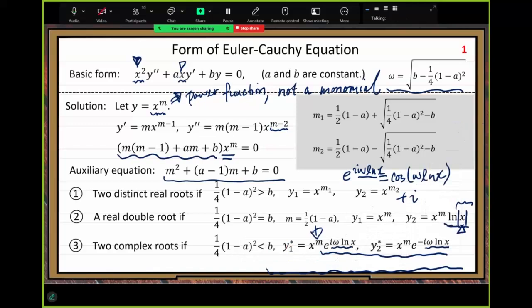Because I checked the textbook, the natural log here, this place, has no absolute value. So let me explain a little bit why in this place we do not consider absolute value.